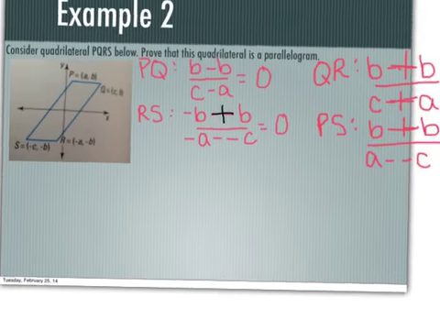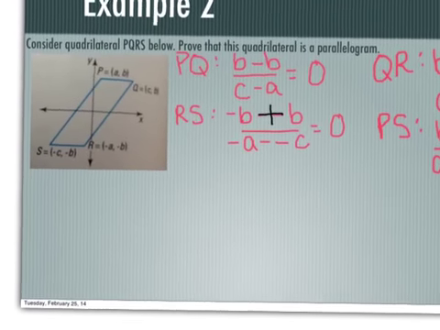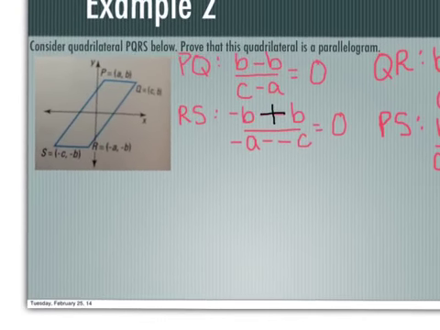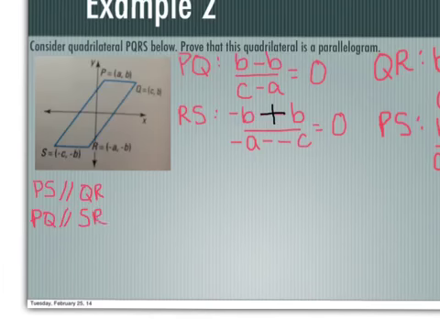So then I can go back to saying that I know PS is parallel to QR and PQ is parallel to SR because slopes are equal.